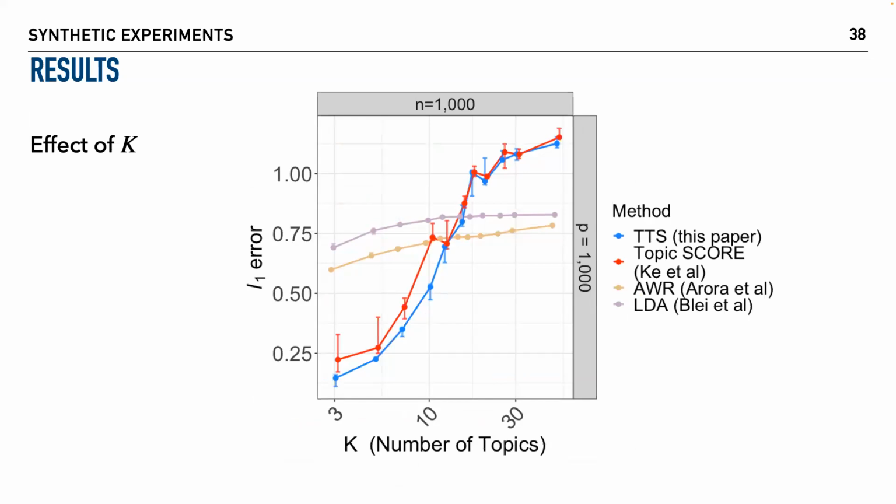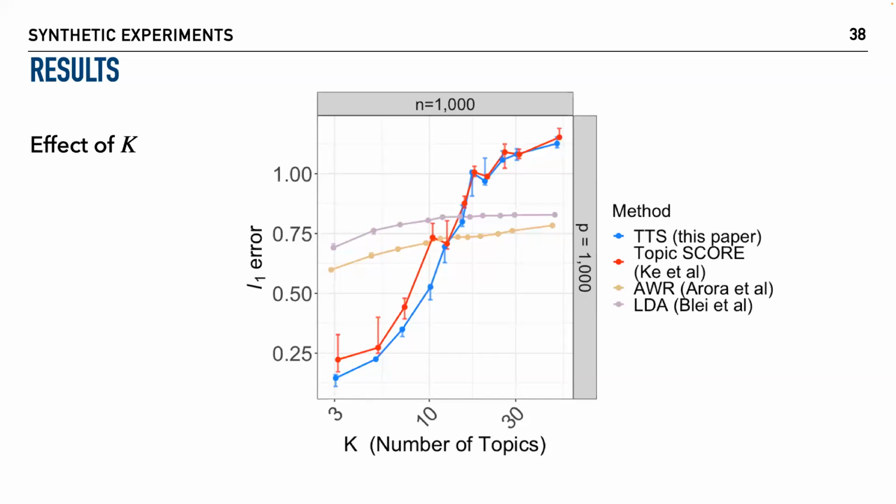Something interesting, though, is when we vary the number of topics: how does even our estimator perform as we increase the number of topics? This is on a log scale to see the behavior. For a small number of topics, both methods did really well, with a bit of a gap between the two.